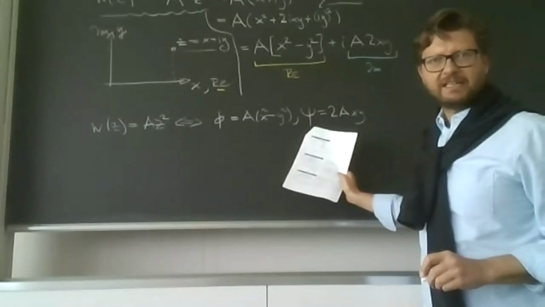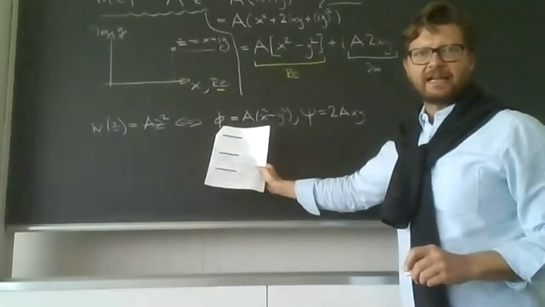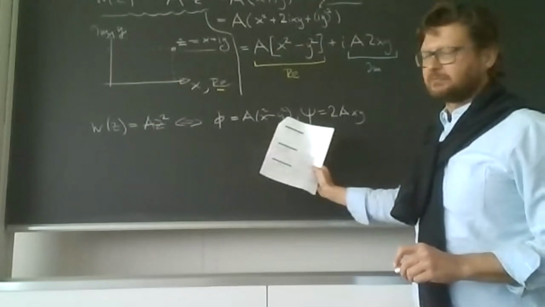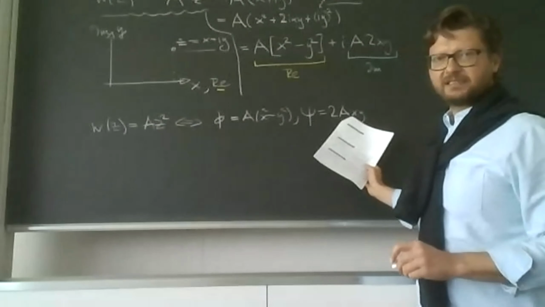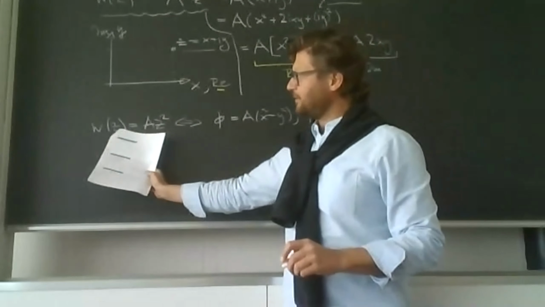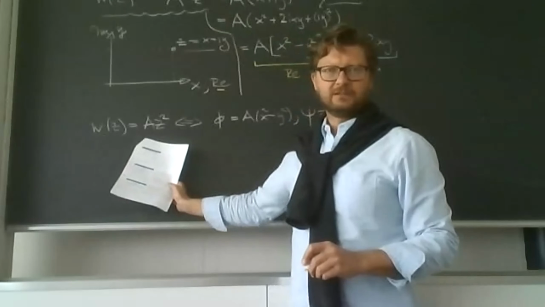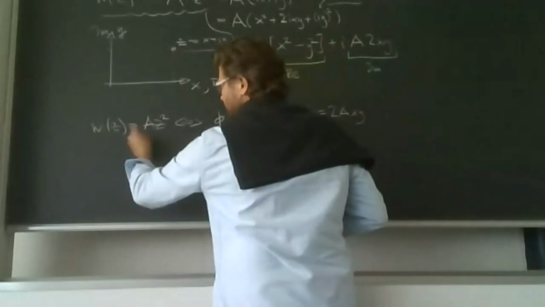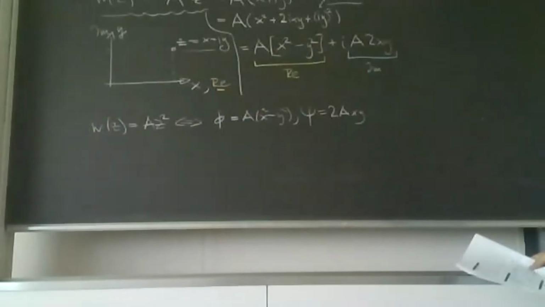So this is how we did it last week. Classical potential, classical stream function, and this is how we can do it if we have the complex potential. It's much, much shorter, much more compact.